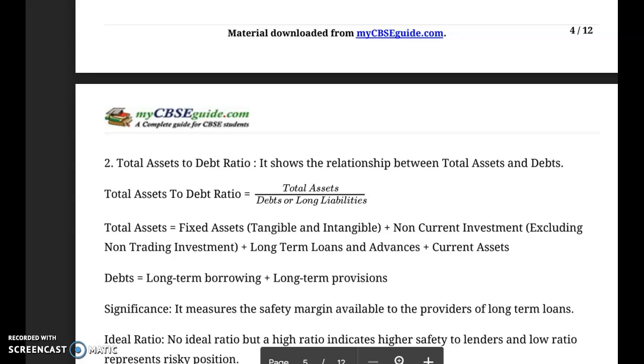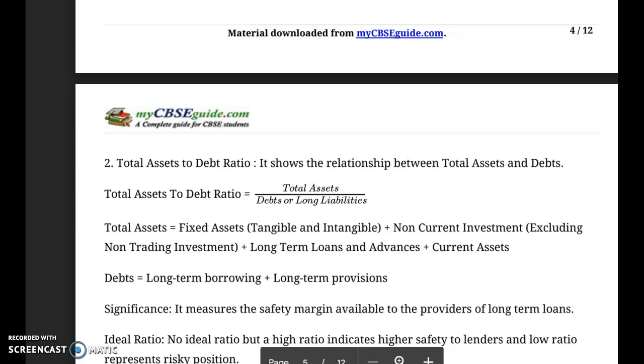Total assets here means that again we can calculate from the asset side very simply. Total assets, that is fixed assets or non-current assets, tangible as well as intangible, plus non-current investment, that is excluding non-trading investment which could not be traded, then long-term loans and advances, plus current assets. And debt here means again long-term borrowings and long-term provisions.